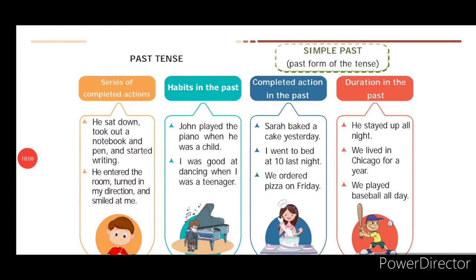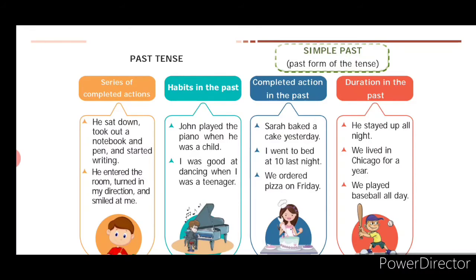So now let us see past tense and the four aspects of past tense. First let us discuss simple past tense. You all know the structure of simple present tense: subject plus verb plus s or es. Now the structure of past tense is the past form of the verb.